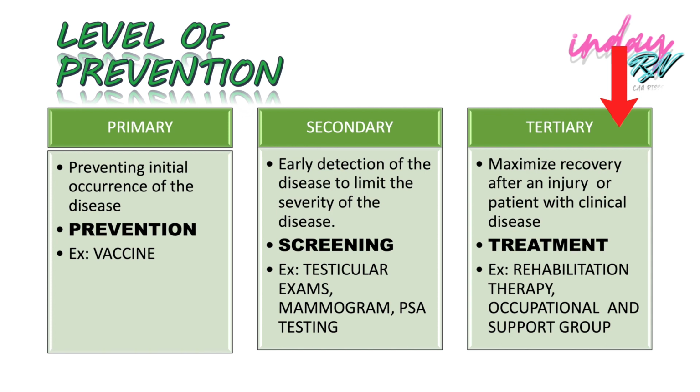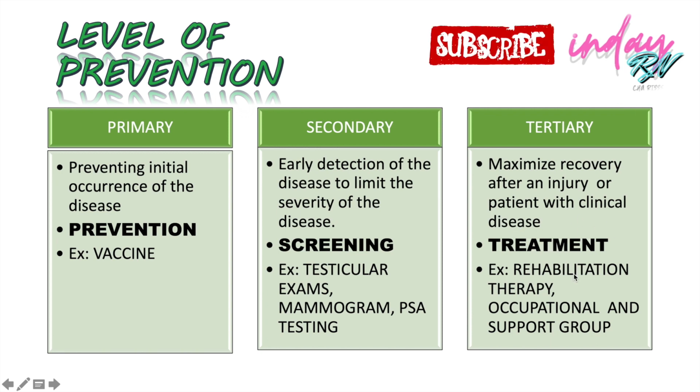Meanwhile, here in the tertiary level of prevention, we can no longer prevent the presence of illness, but rather, we need to maximize the recovery after an injury. That means that we are doing some treatments already here. This could be rehabilitation therapy, occupational therapy, or support groups.